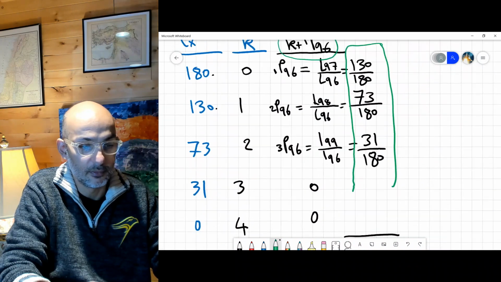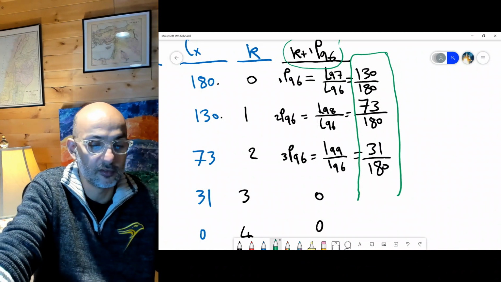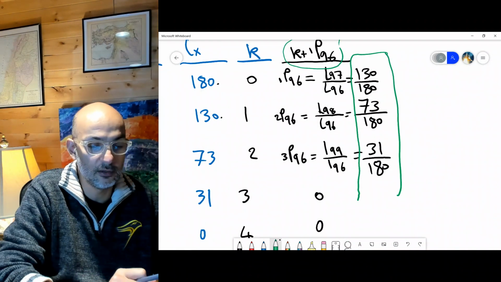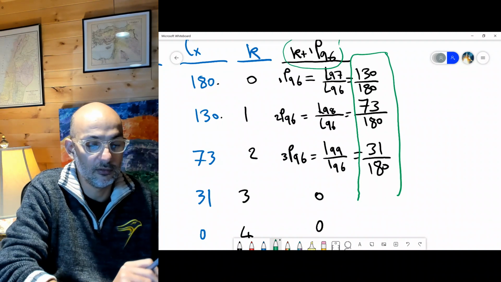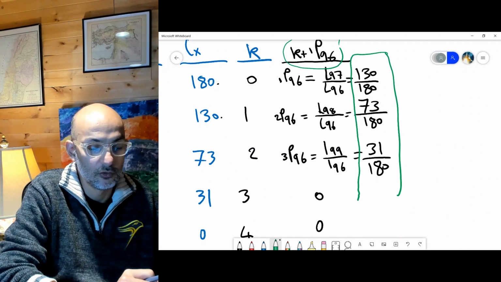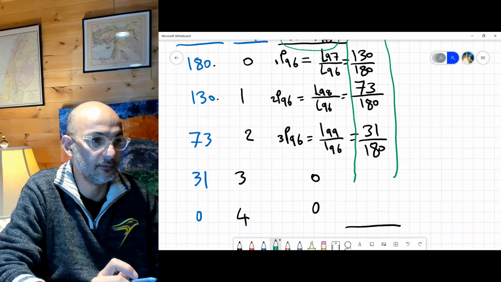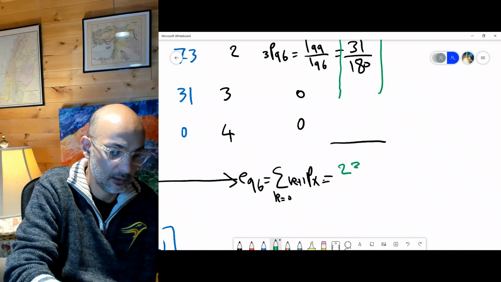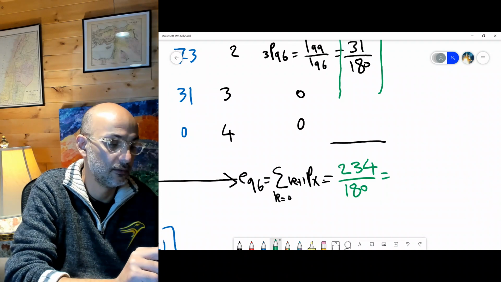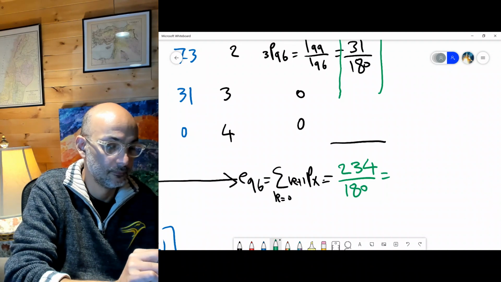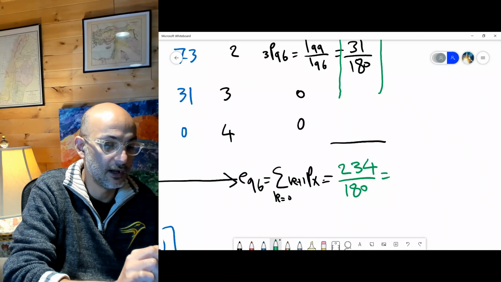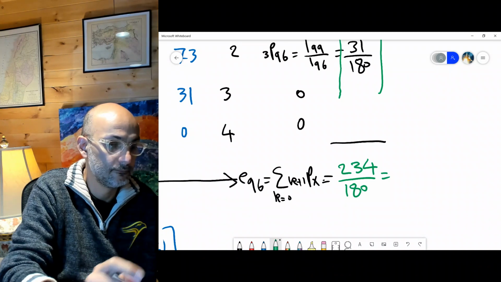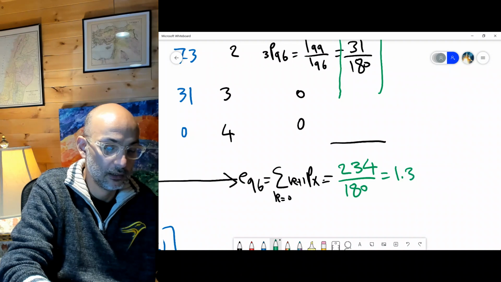Let's sum them up. So 130 plus 73, 203, plus 31, 234, right? So this one will be 234 divided by 180. Let's do the math. 234 divided by 180 is 1.3.